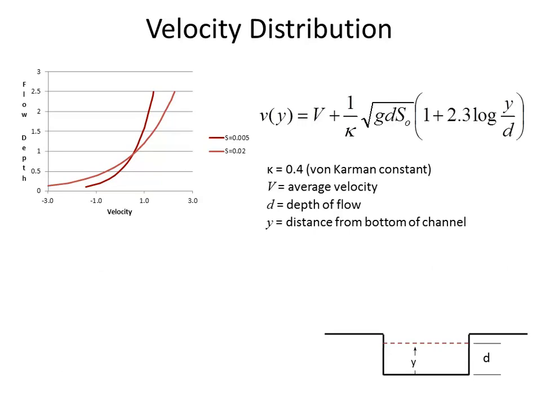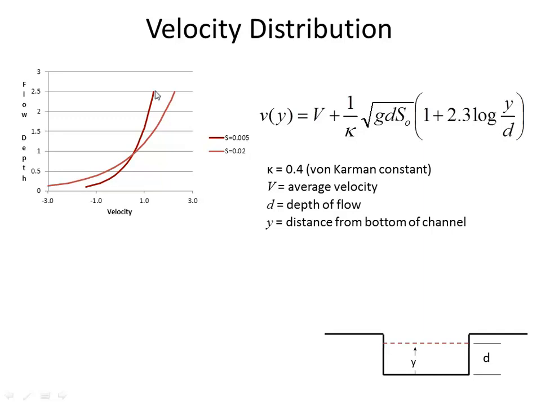Okay, the last thing that the book mentions is a couple of formulas for estimating velocity distribution. And this velocity distribution formula takes into account something called the von Karman constant, and it's a logarithmic function that relates the velocity for a channel depth as a function of a certain distance from the bottom of the channel relative to the overall depth of flow D. And so it's showing that the velocity is 100% of its velocity for a channel of, this is 0.5%.